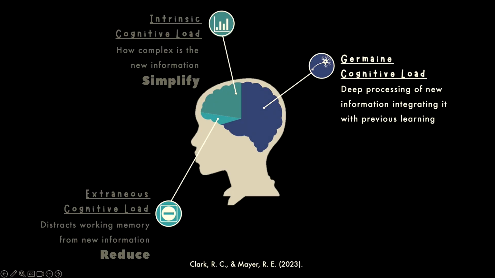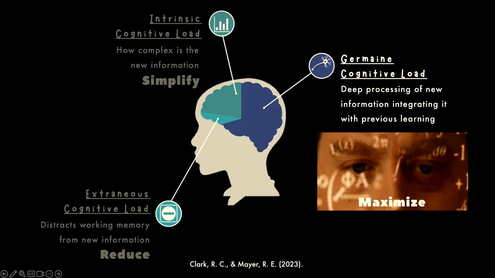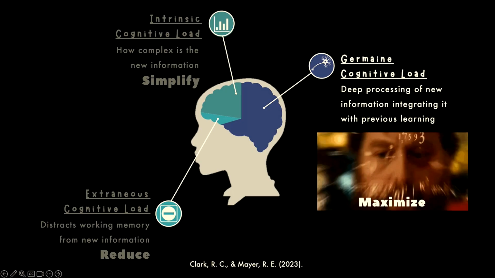Here you can access transfer. You create, let's say, a folder in your brain with all this new information that you can recall later. So the idea underneath this is to maximize the germane cognitive load.